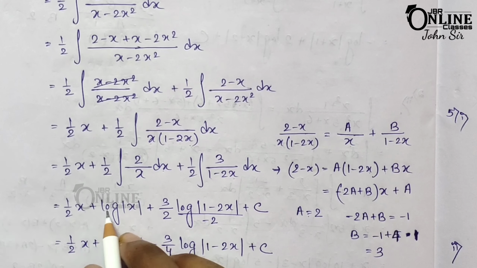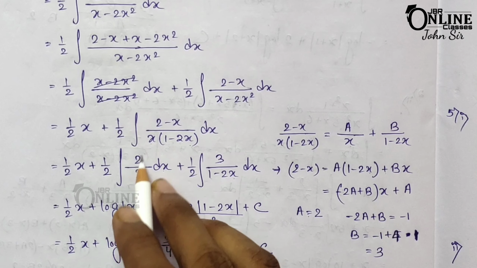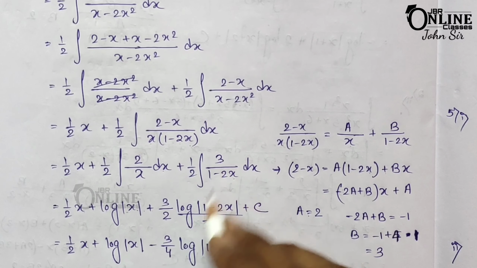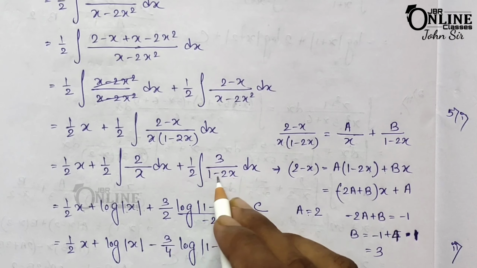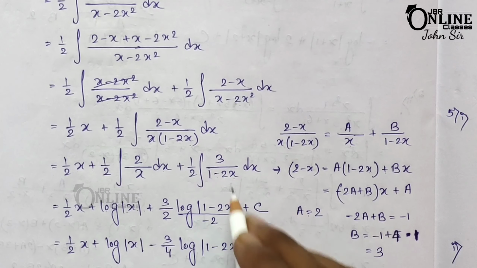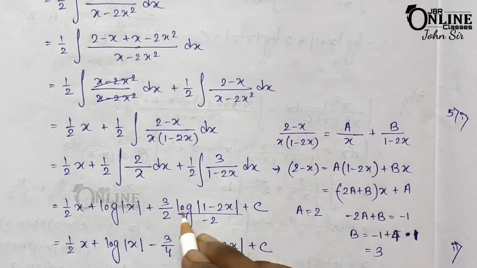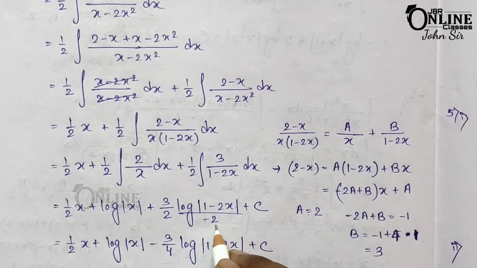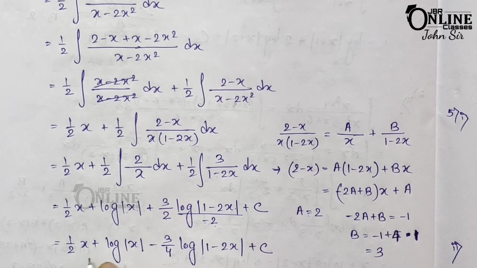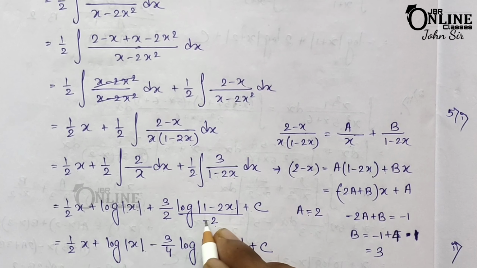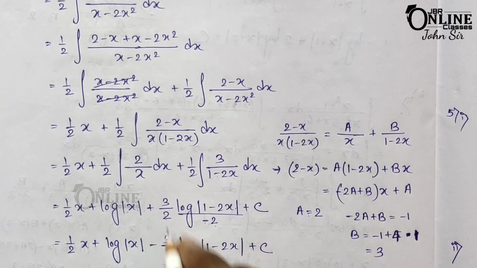So half x log, it will be mod x, because here 2 cancel out, so it will be mod x plus 3 by 2 log, now here 1 minus 2x, so log mod 1 minus 2x, and as here the coefficient of x equal to minus 2, so you have to write down also here minus 2 in the denominator. Clear? Plus c. So the final answer will be half x log mod x minus, here minus, so minus 2 into 2 is 4, that means 3 by 4 log mod 1 minus 2x plus c.